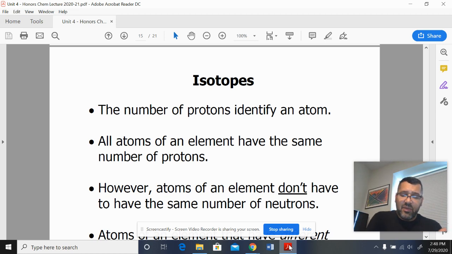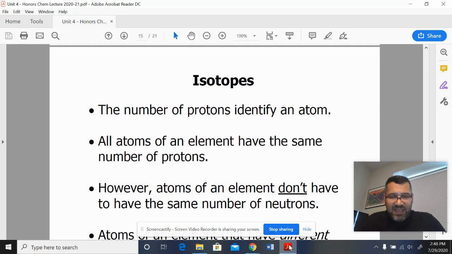All right. Well, now that we have the idea of protons and neutrons and electrons, that opened up a whole can of different ideas and possibilities of how atoms could be. And it turns out that what we use to identify an atom as a specific atom, carbon, hydrogen, helium, whatever it is, has to do with the number of protons.